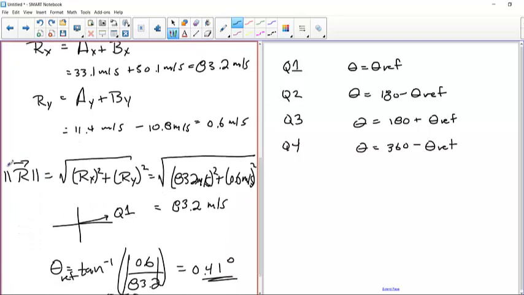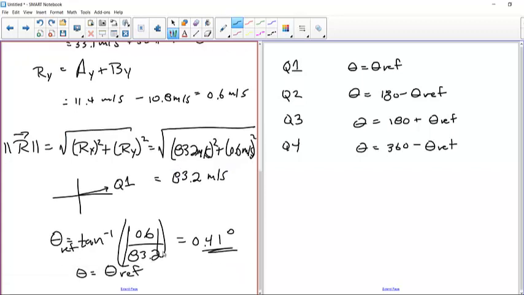And then to find the magnitude of the resultant vector, you use the Pythagorean theorem. It's always going to be positive. And then for the angle, you have to use the inverse tangent, but again, making sure you look at which quadrant you're in.